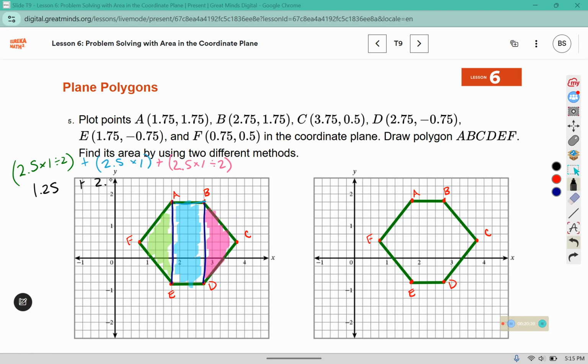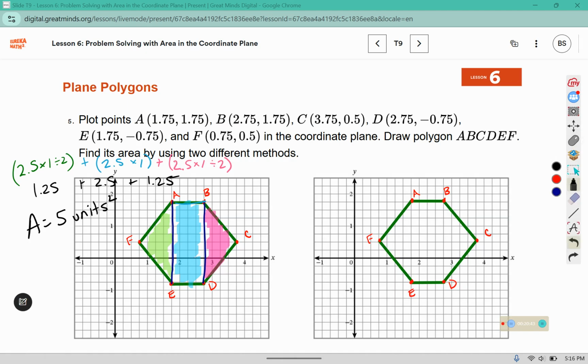Now, if we add all those together, we get 5 units squared.